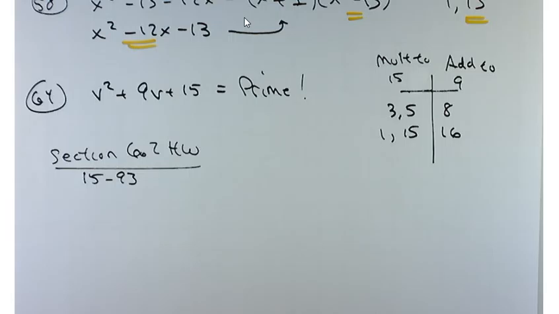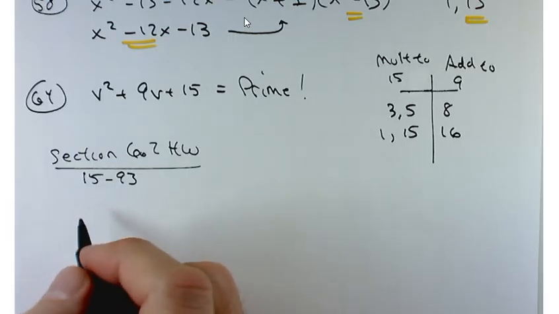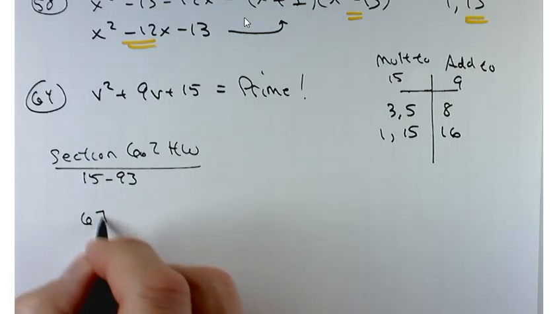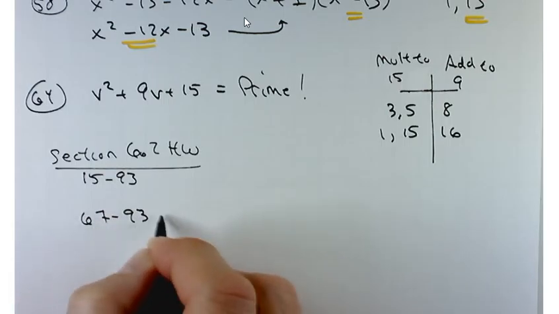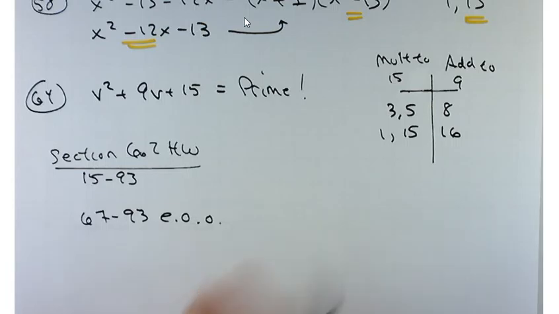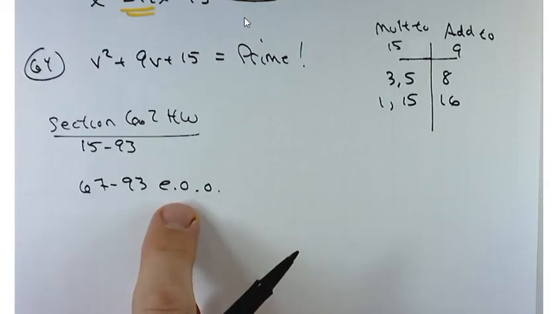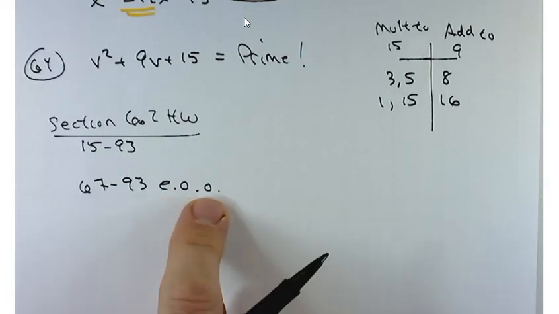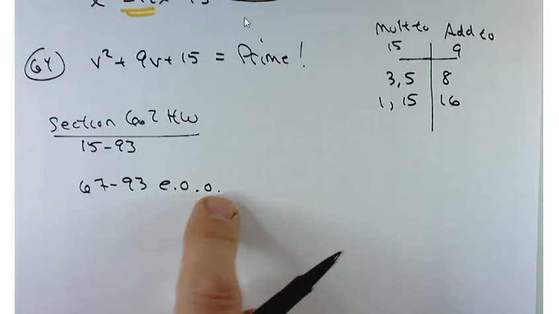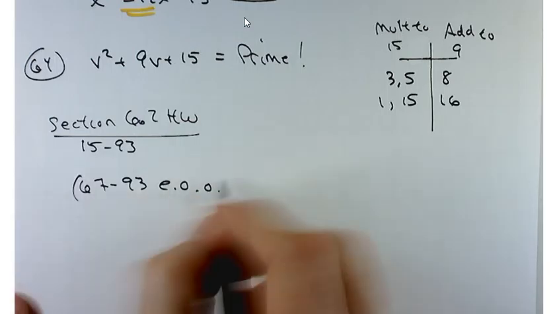Let's do problems 67 through 93. Most classes are good at figuring this out. EOO. Every other odd. Yeah. Do every other odd. There you go.